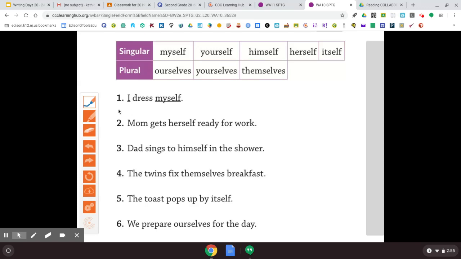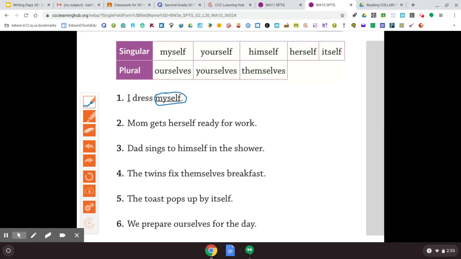Sentence number 1 says, I dress myself. I is the subject of the sentence, which is the part of the sentence that tells the who or the what. And this word myself, we're going to circle it.